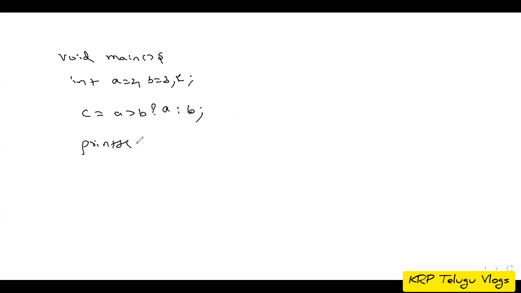So now how does ternary work? void main, int a is equal to 2, b is equal to 3, and c. So c is equal to a greater than b ? a : b. Then printf the greatest number is %d, comma c.